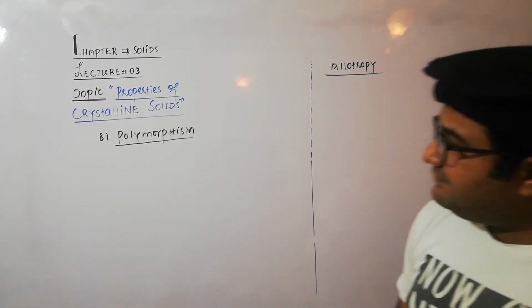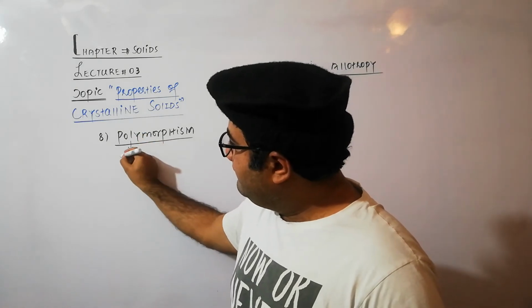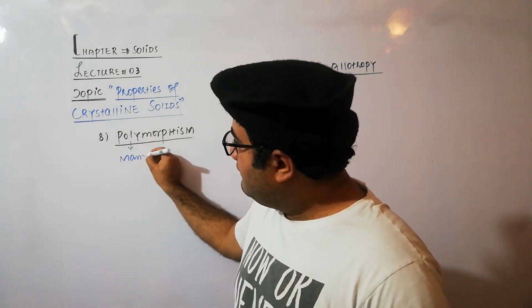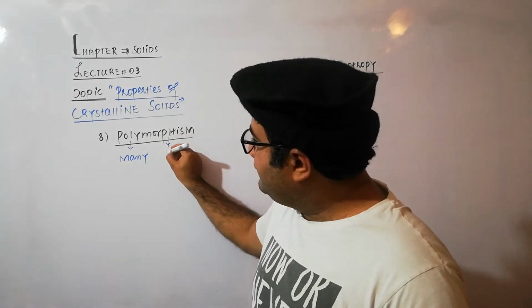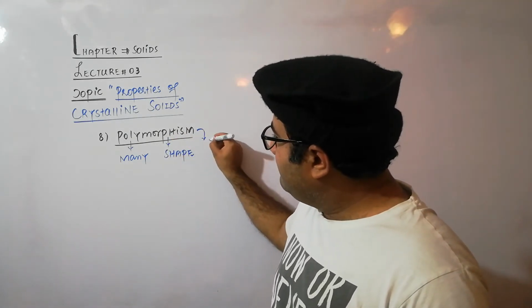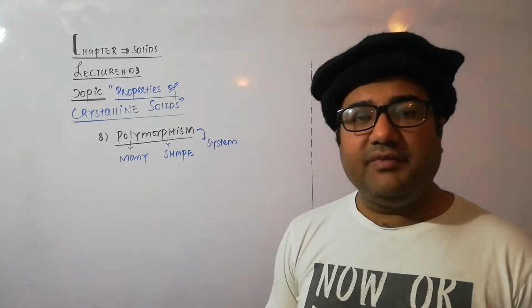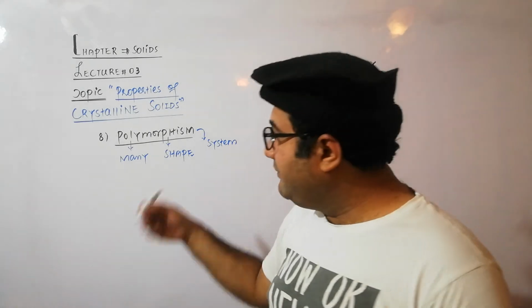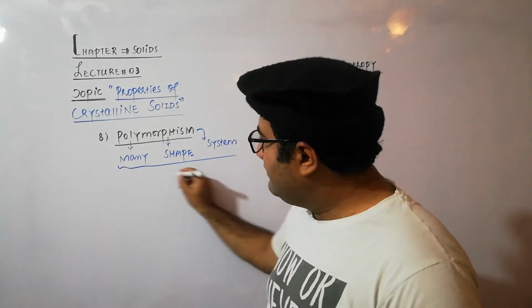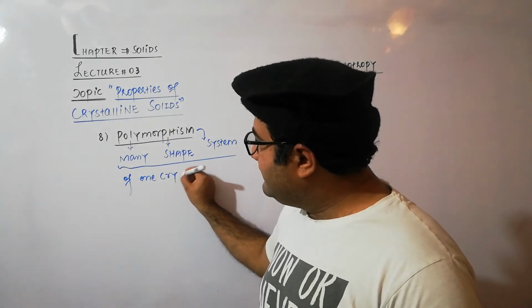Now polymorphism means, poly means many, morph means shape, and ISM means system. So it is a phenomenon, a system in which there are many shapes of one crystalline solid.